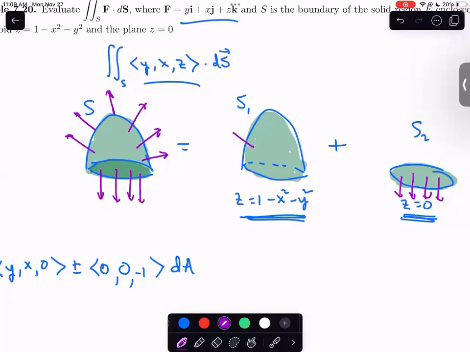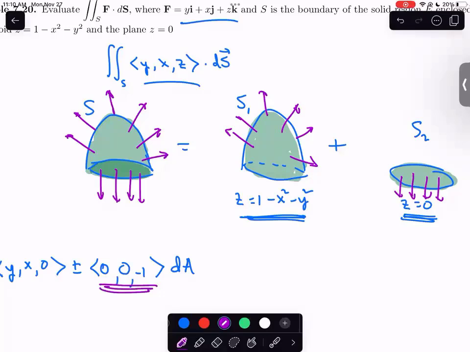And so let me do the same sort of picture here. There we go. Some outward pointing normal vectors. Along S2, if I want these pointing outward, that's equivalent to pointing downward. So for my normal vector, I have 0, 0, -1. Am I happy with that?